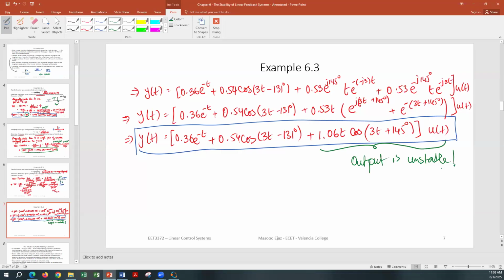So once again, the system was marginally stable with complex conjugate poles at positive j3 and negative j3. And the input was a sinusoidal signal with 3 radian per second frequency that will make another complex conjugate pole pair at j3 and negative j3. And that resulted in the unstable output.